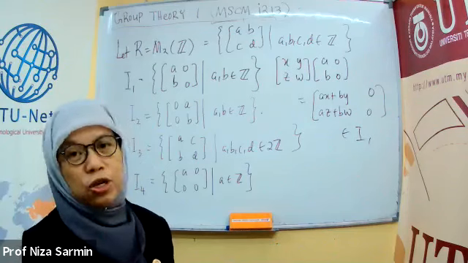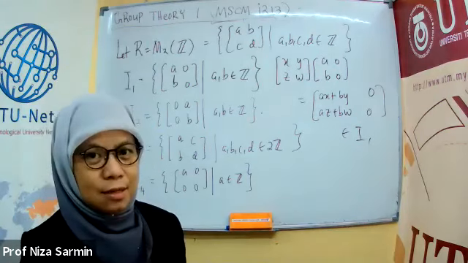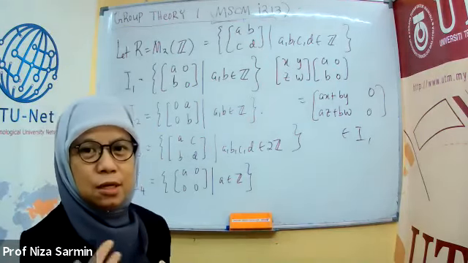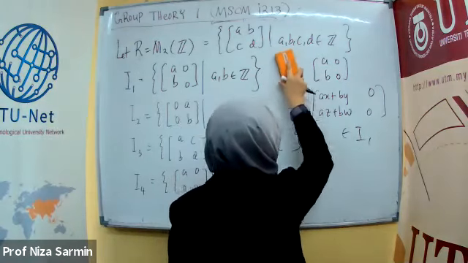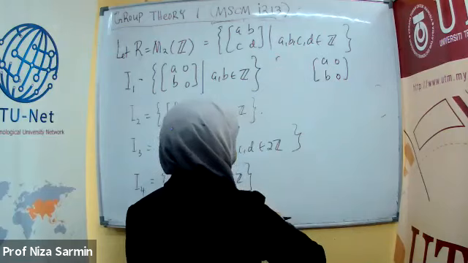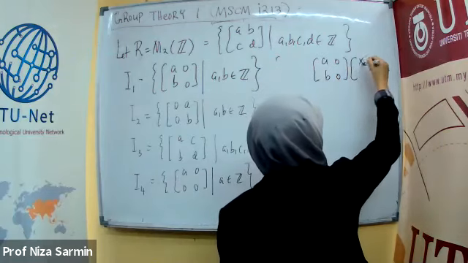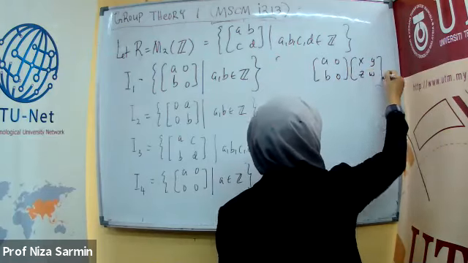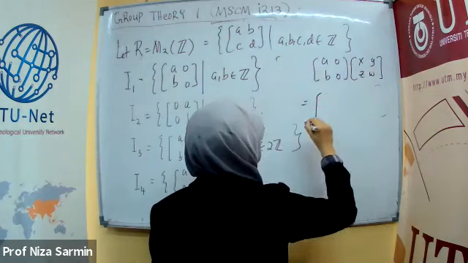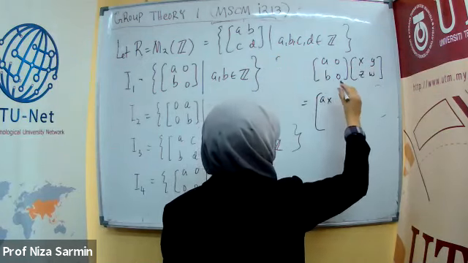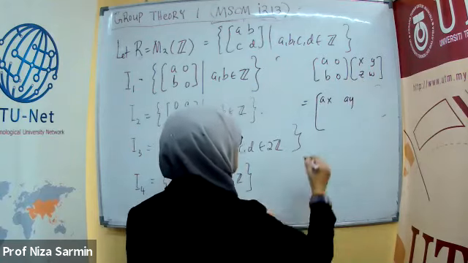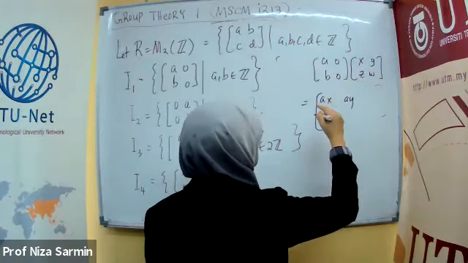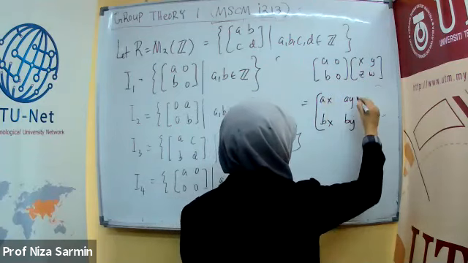Try to multiply on the right. I multiply [A 0; B 0] on the right by [X Y; Z W]. I get AX, AY, BX, BY.